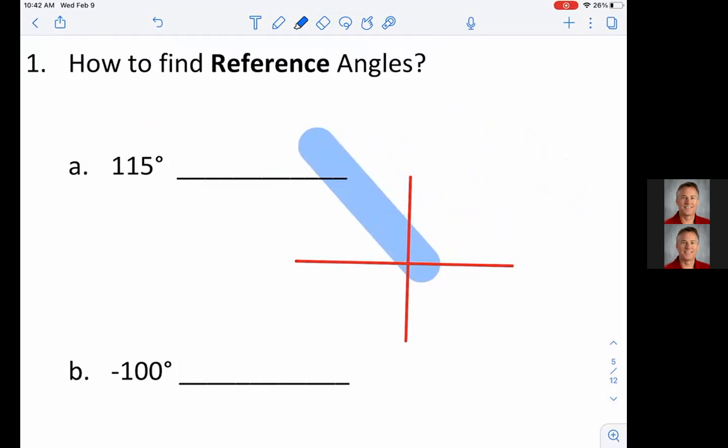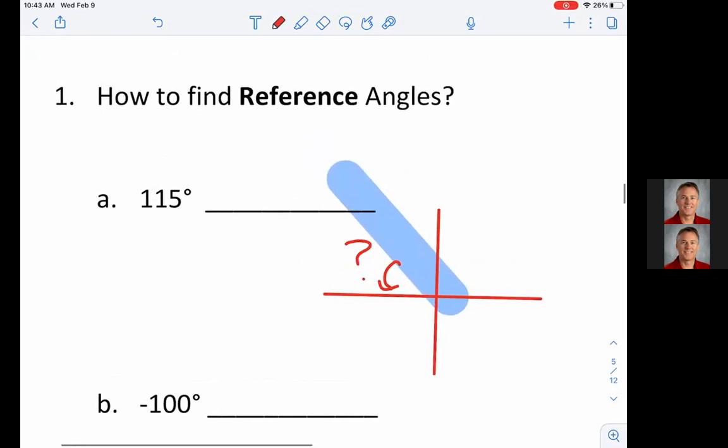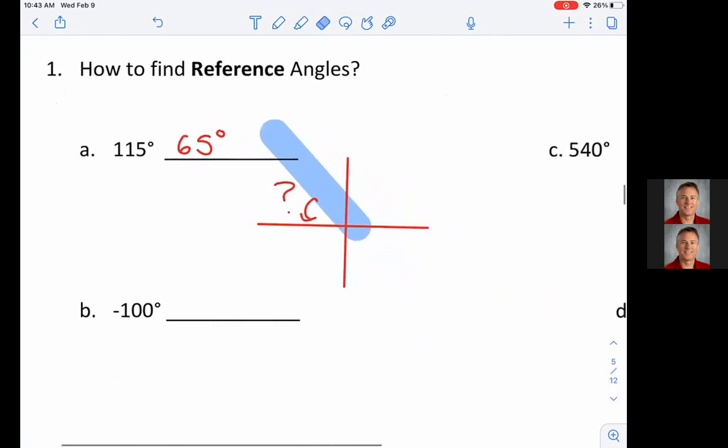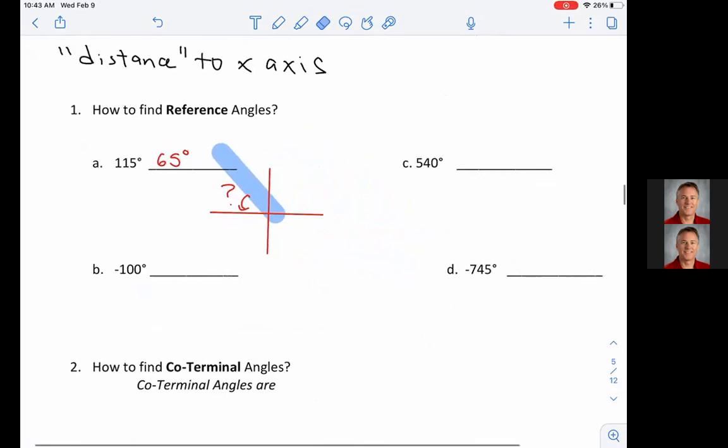This would be more than 90, but less than 180. So how far away is that from the x-axis? Well, if that's 115 degrees, I know it's 180 to get to the x-axis. 180 minus 115, that would give me a reference angle of 65 degrees. Okay, again, always between 0 and 90.